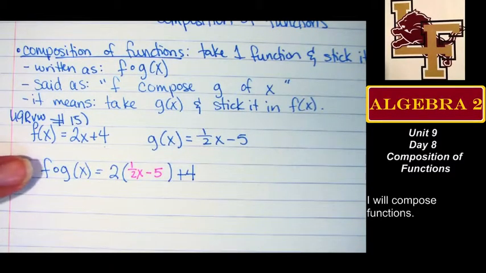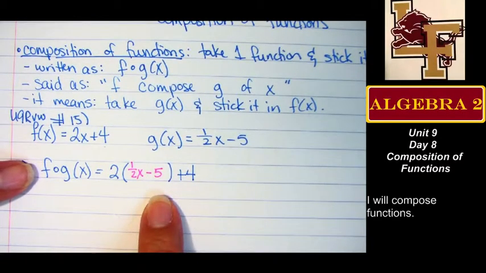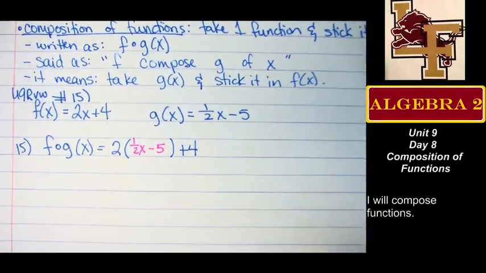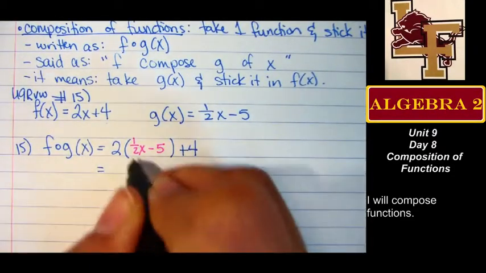So f compose g of x is the f function, but in place of the x you replace it with the entire function g of x. This should feel a lot like algebraic transformations, by the way. And if it does, surprise! We've been doing compositions this whole time without me telling you and freaking you out. All right, so I'm just going to simplify this down and see what happens.